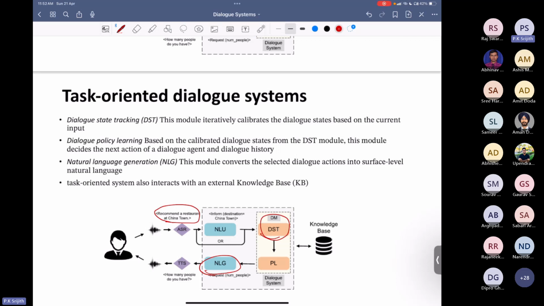So the policy learning decides it has to request the user to provide the number of people. On the basis of that, the natural language generation unit generates a sentence like, how many people do you have? And the user responds with the number of people. You keep conversing with the user until you get enough information to make a booking.